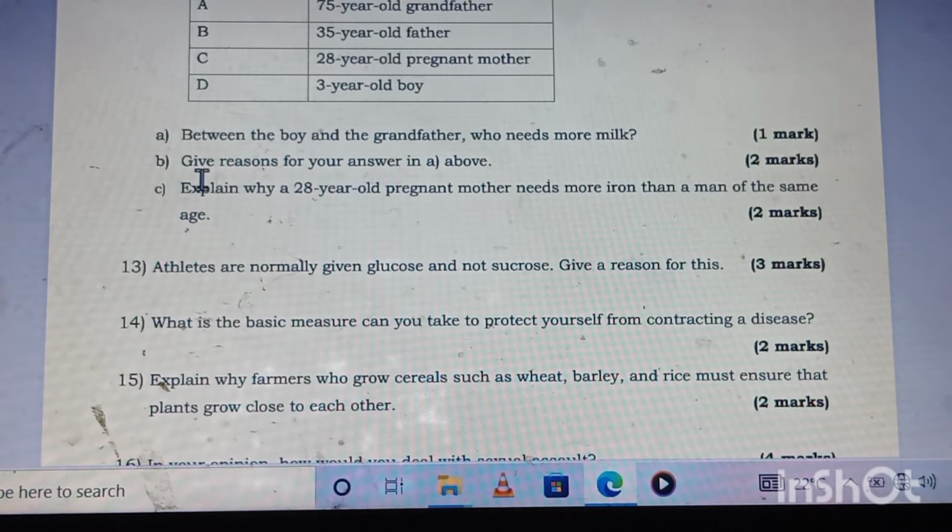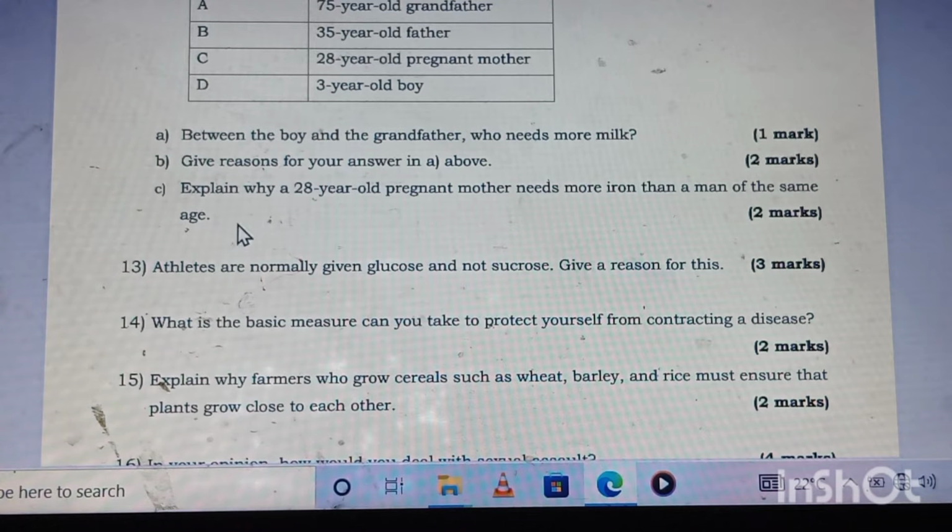So the question is: between the boy and the grandfather, who needs more milk? That is an easy question. The boy needs more milk. It is used especially for growth and development. So that is the reason why the boy needs more milk compared with the grandfather.